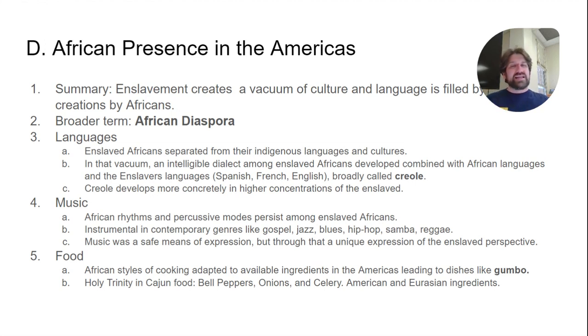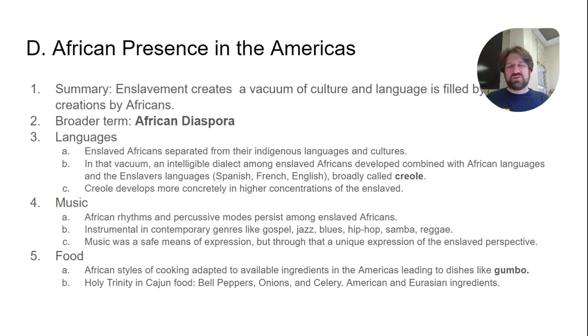Food as well, that is why rice and okra is brought up earlier in the chapter. Rice and okra are key ingredients in gumbo, which is a kind of stew that adds in a bunch of Eurasian ingredients like bell peppers and onions, rice. You put chicken in there. You could put shrimp, which is probably going to be indigenous to the Gulf Coast region and things like that.